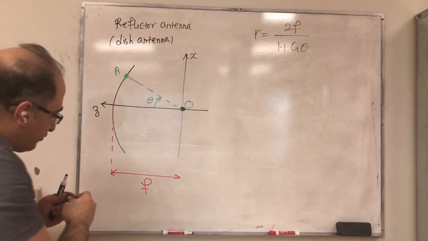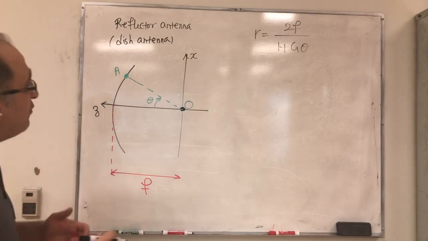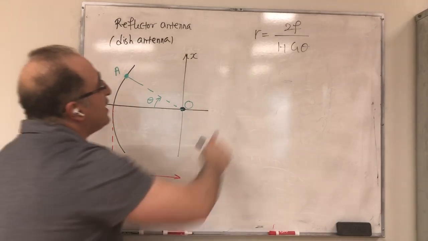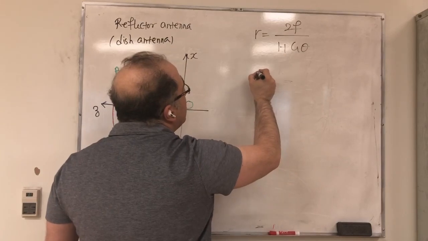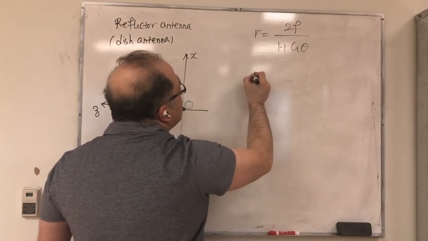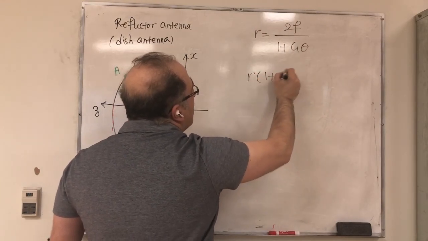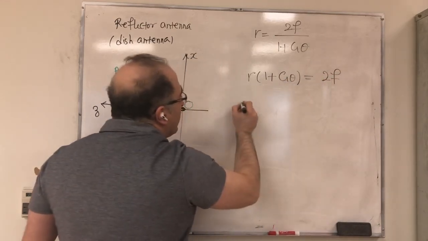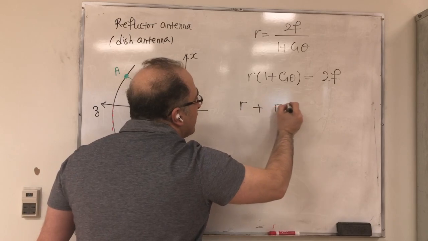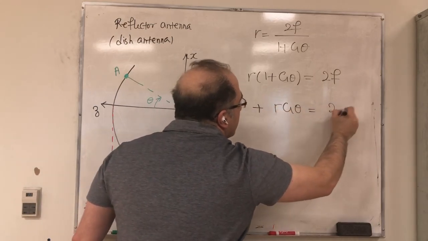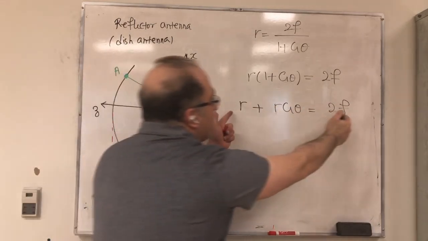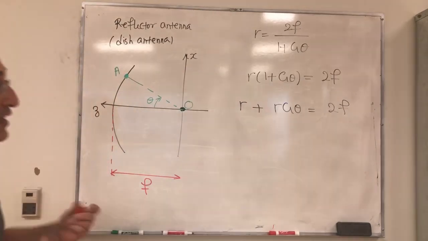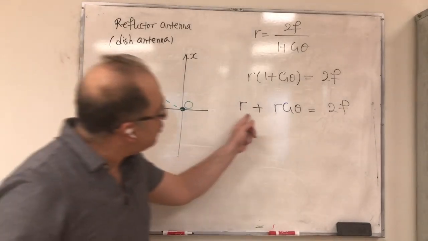Now, let's see what we see in this equation. If I multiply by the denominator, I get r(1 plus cos theta) equals 2f, or I can just open it and write it like that. This is perhaps one of the most important things here. You need to understand this.